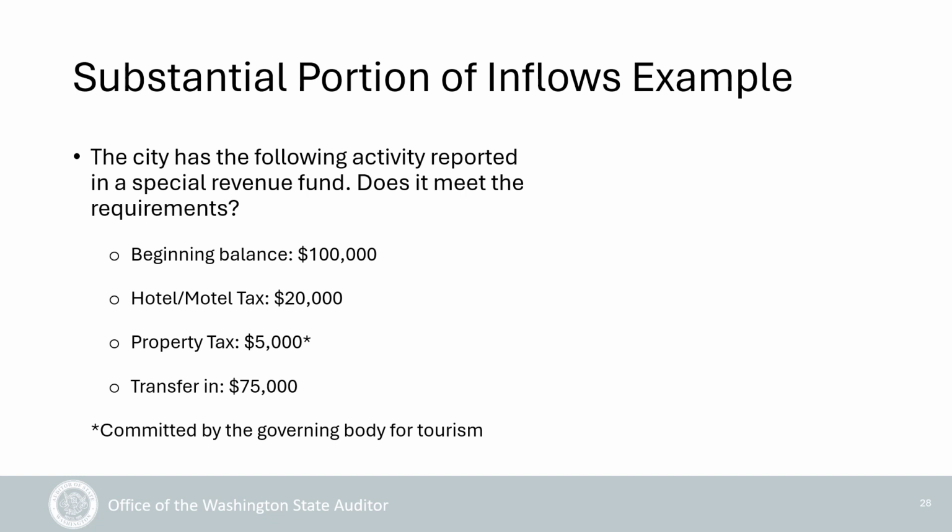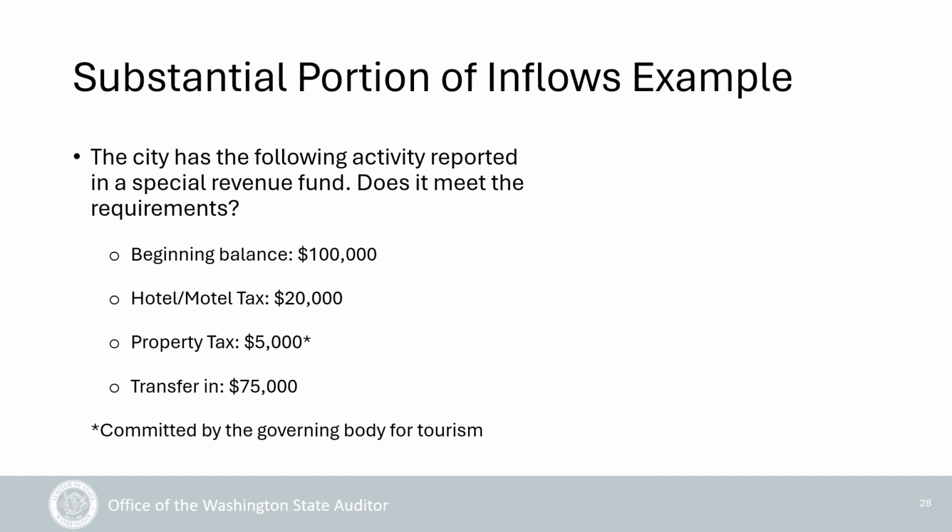This is restricted by state law to be used for tourism. Property tax received, $5,000. This property tax has been committed by the governing body. Transfer in, $75,000.